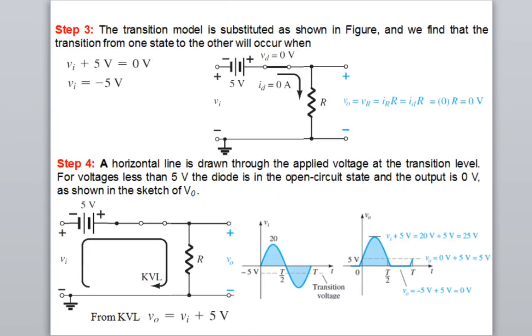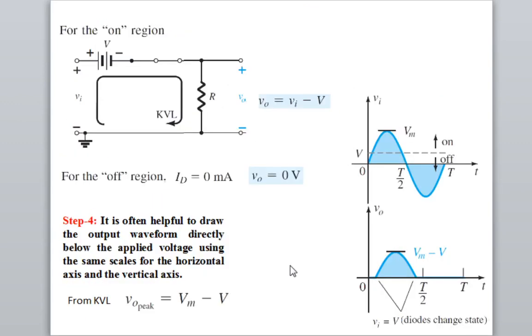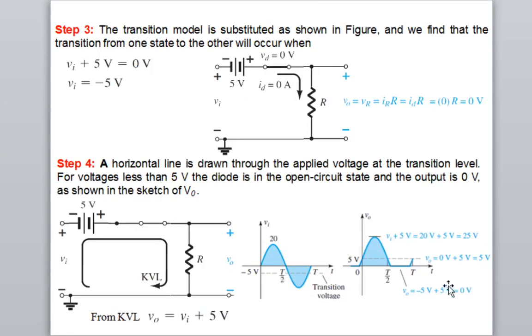I have not drawn it yet. Now if you draw the characteristics curve, I have taken it on the same line because I did not have space, but whenever you draw the output characteristics curve, you should always take the output waveform directly below the input waveform. Here I have drawn it parallel.